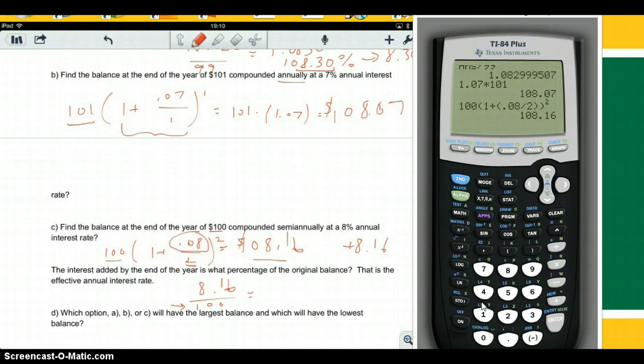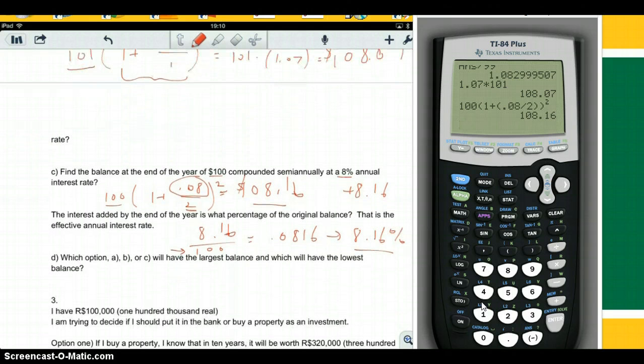So 8.16 divided by 100 is just 0.0816, and if we convert that to a percent, it's 8.16%, right? So the effective annual interest rate is 8.16%, which is a little bit higher than the nominal interest rate of 8, and that's normal because when you compound more often, then you get a higher effective interest rate.